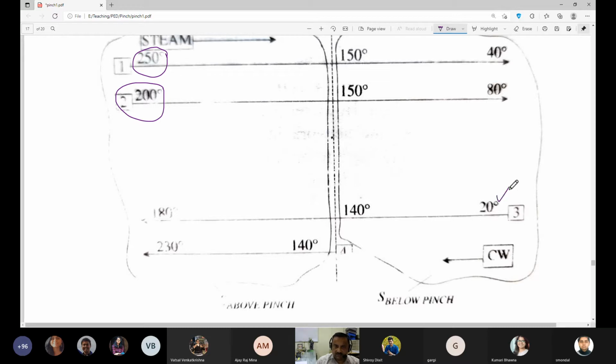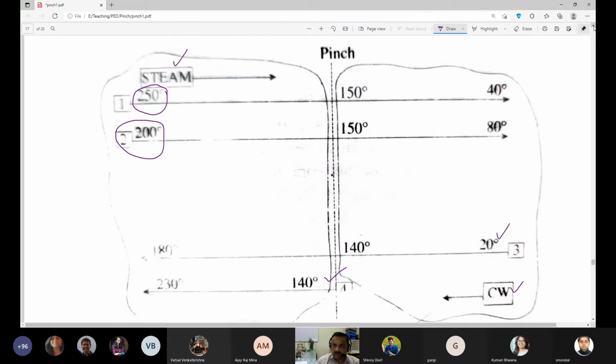One is 20 degrees, another is available at 140 degrees, and you have the cooling water itself. So if 145 is the mean, if the two temperatures are 150 and 140, then you can draw an envelope and you can say this part is above pinch and this part is below pinch.